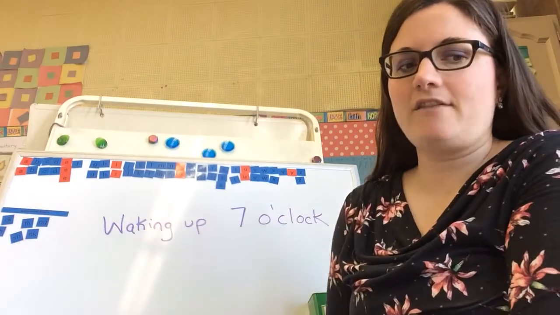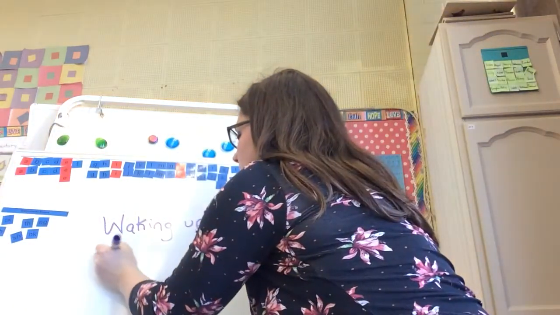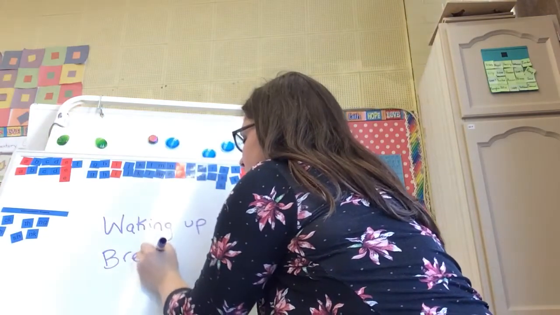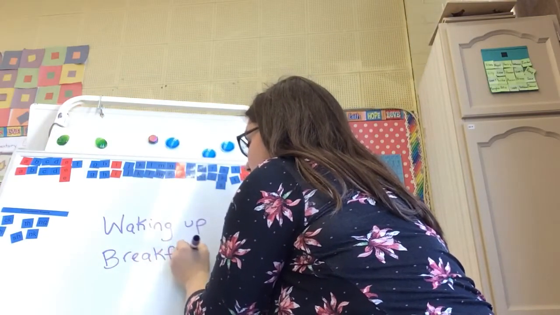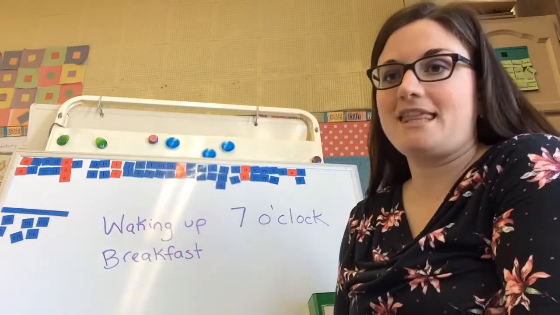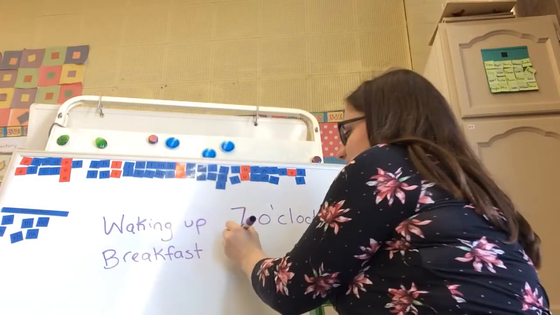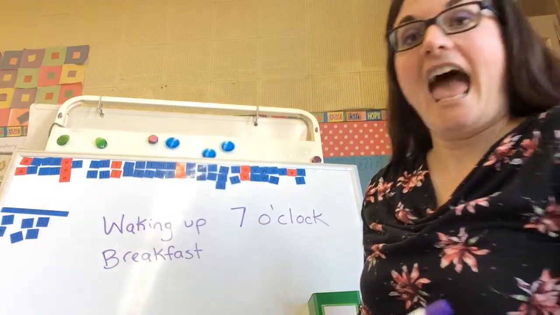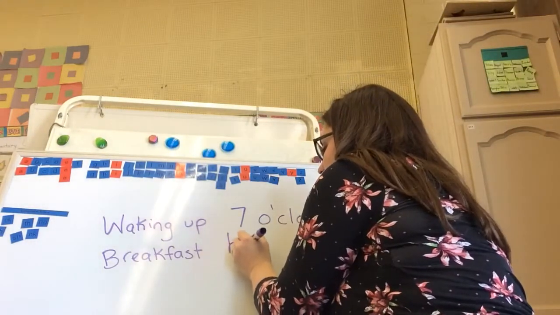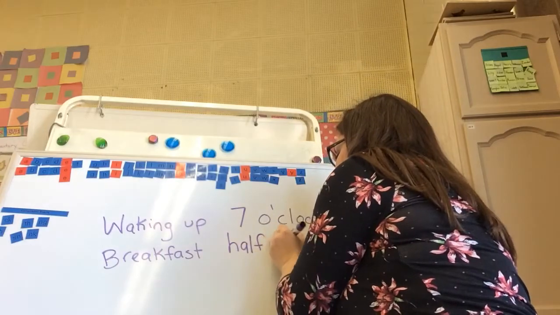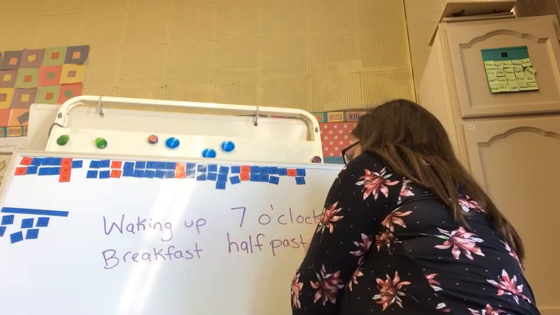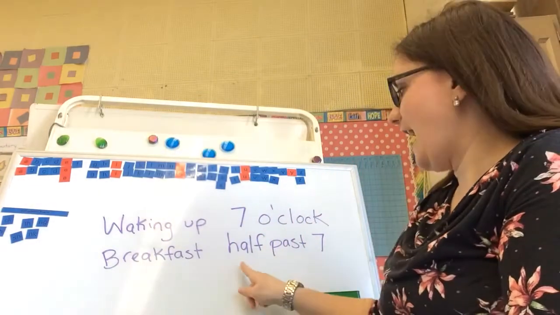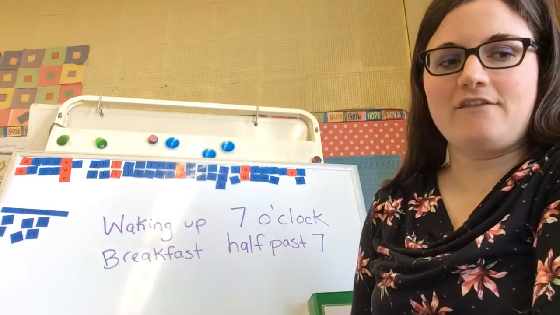Okay, you wake up at 7 o'clock. What time do you maybe have breakfast? If you're like me, I am hungry when I wake up in the morning. So I'm going to eat at half past 7. And that's how we write that, half past 7.